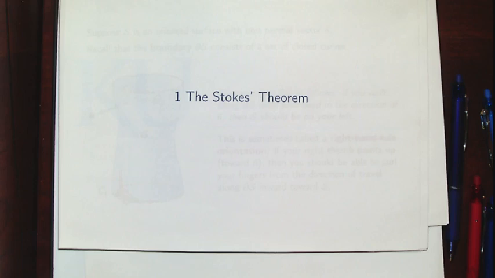So the double integral in the Green's theorem becomes a surface integral. That's the only difference. Double integral becomes surface integral because surfaces are not flat. So Stokes theorem, first of all, let's see, do we remember the left hand?